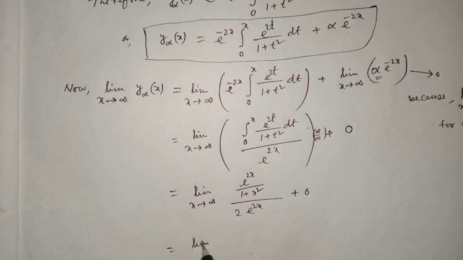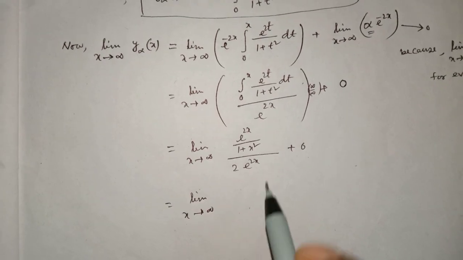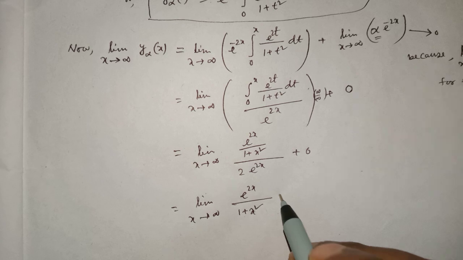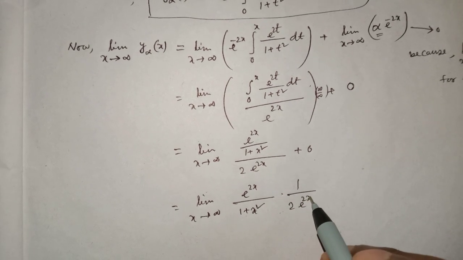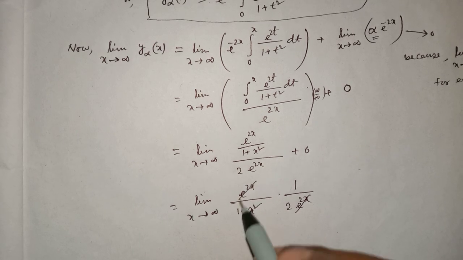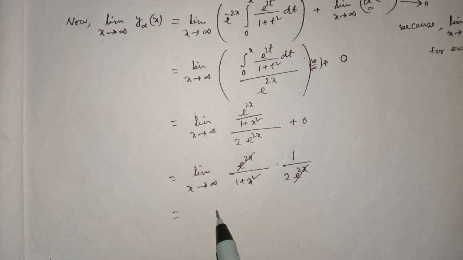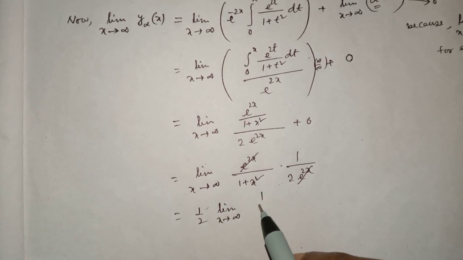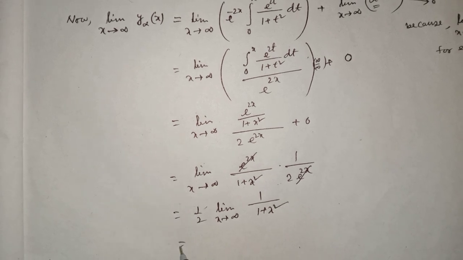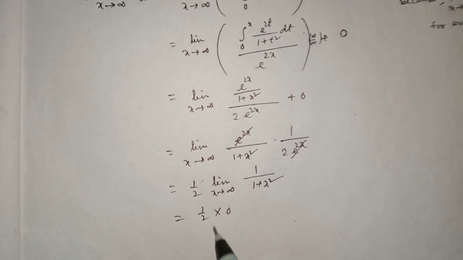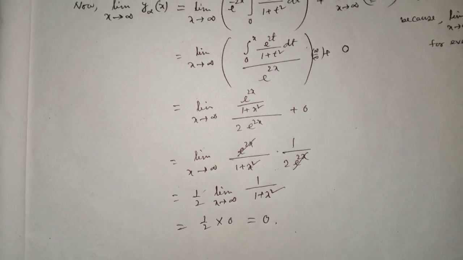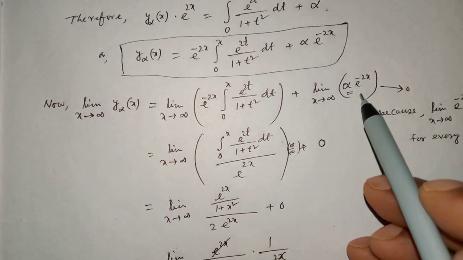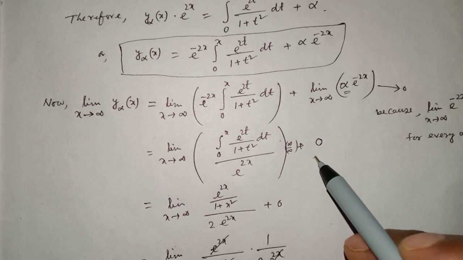The e to the power 2x cancel, so it is equal to half limit x tends to infinity 1 by 1 plus x square, which is half into 0, equal to 0. Therefore this limit is equal to 0, and for every alpha this limit is 0.